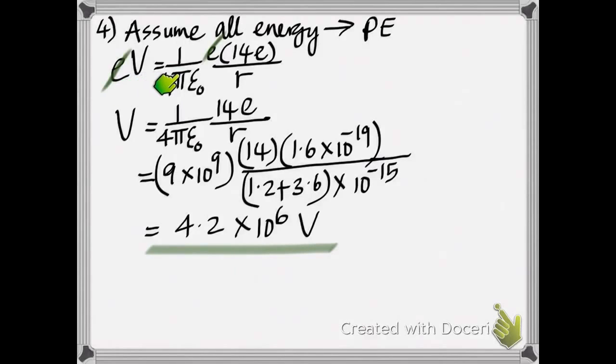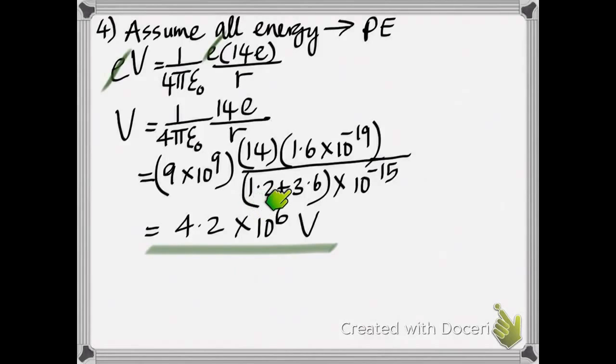And when it is just touching, the potential energy is K, which is 1 by 4 pi epsilon naught, times Q1, that's the electron, times Q2, the charge of the nucleus, by the distance between them. Remember that the distance between them now is going to be the sum of the radius of the nucleus and that of the proton.